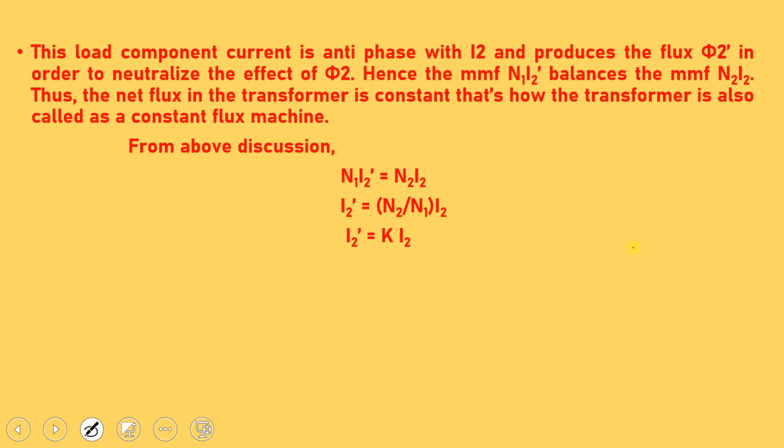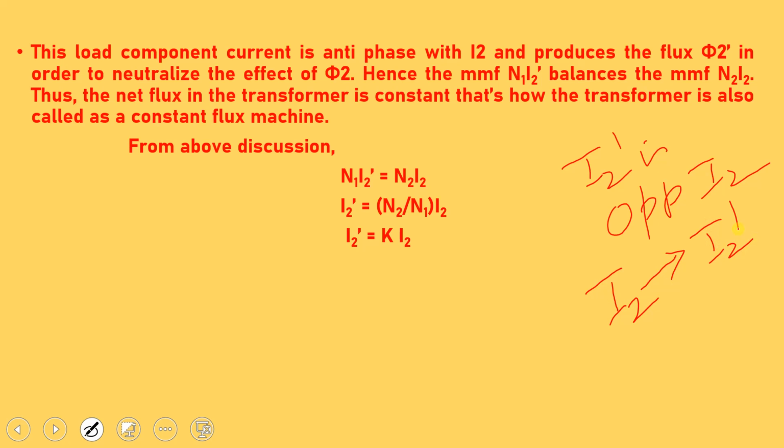That means I2 dash is in the opposite direction of I2. This I2 dash produces the flux phi 2 dash in order to neutralize the effect of phi 2.